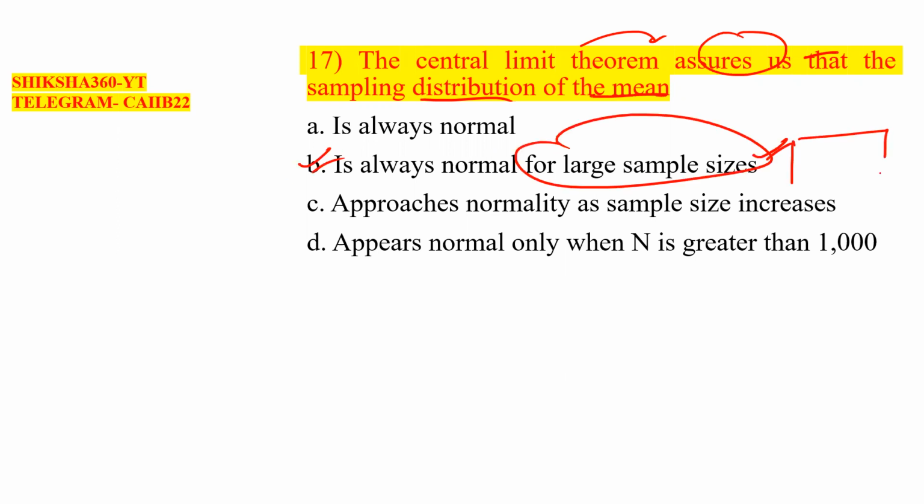We have already covered this in the session video discussion, in the small box form, where we discussed that it is normal for large sample sizes. It is always normal for what? For large sample sizes.